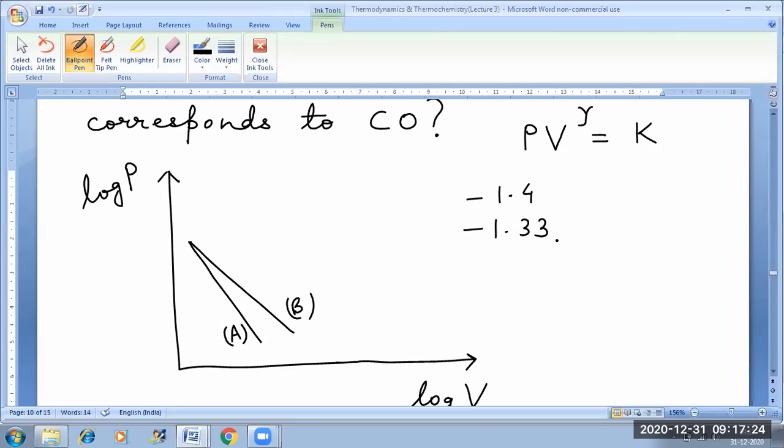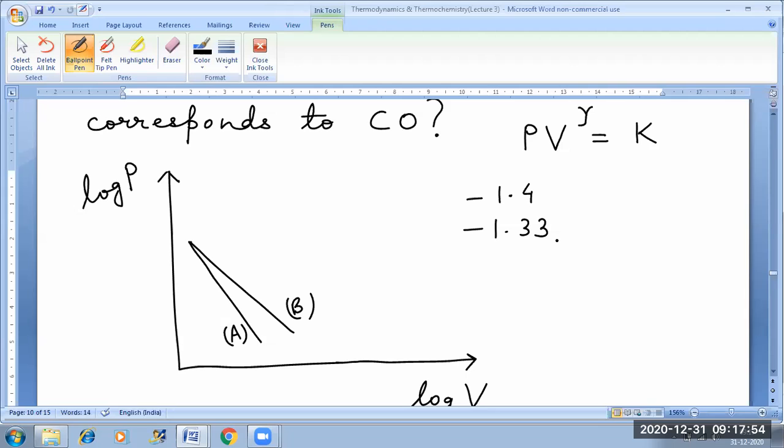Whatever is plotted along the x-axis will be called x for mathematical equations. So if I want to denote log P by y and log V by x, then I'll have to put y and x in the respective equation and then compare. Before that, I have to derive an equation in which I have both log P and log V present.